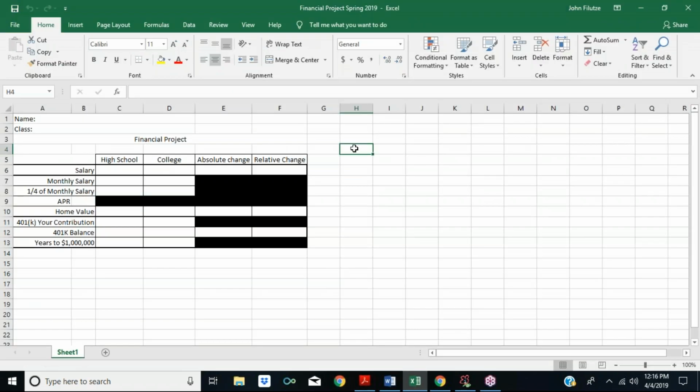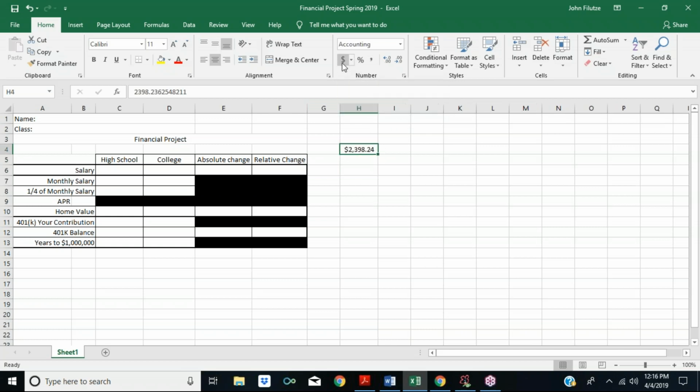When you have a number like that in Excel, just click this dollar symbol right up here and it'll change it to dollars and cents, so that the table you're using in Excel matches what you're asked about in the question. So in this one, you want to make sure all of these, not the bottom one, but all those, are dollars and cents.